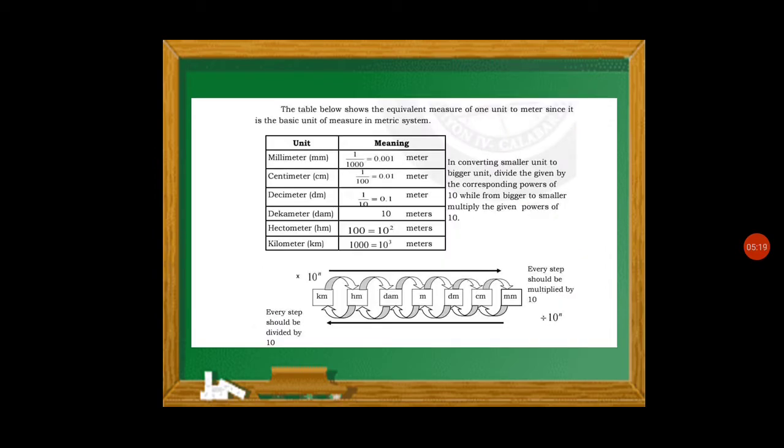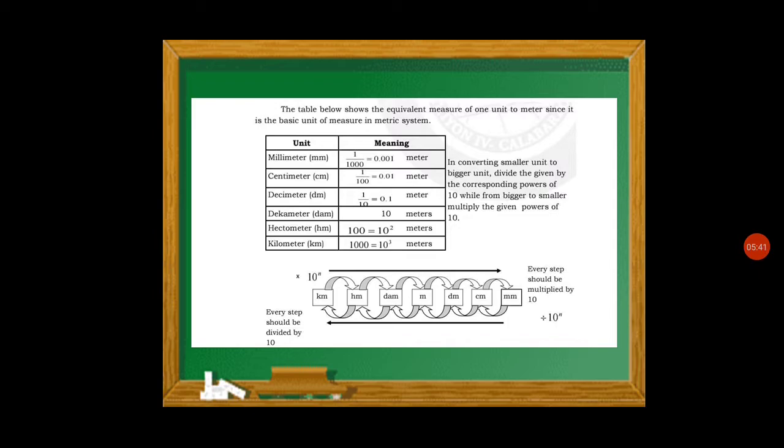The table below shows the equivalent measure of 1 unit to meter, since it is the basic unit of measure in the metric system. So we have the millimeter, centimeter, decimeter, decameter, hectometer, and kilometer. So we have to describe millimeter. That is 0.001 meter.